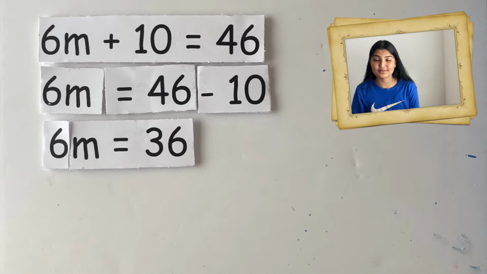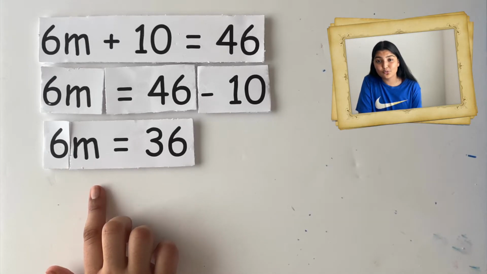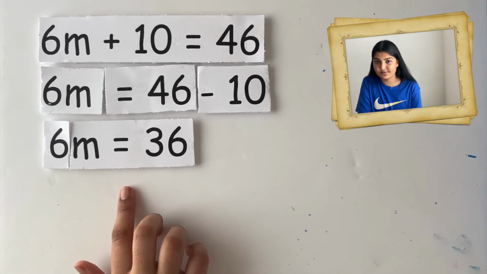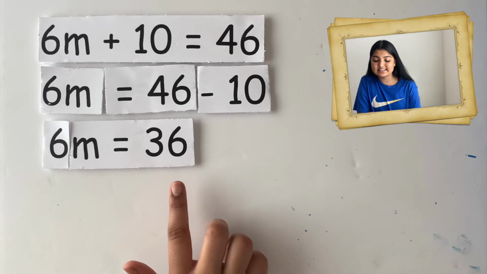Now, remember, to solve this equation, we want m to be alone on one side of the equal sign. So let's take 6 to the other side.